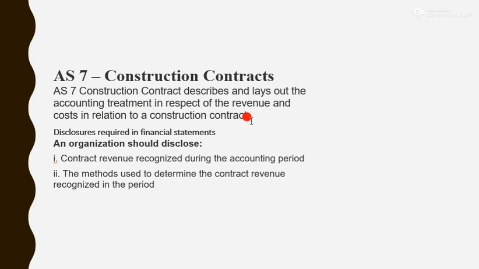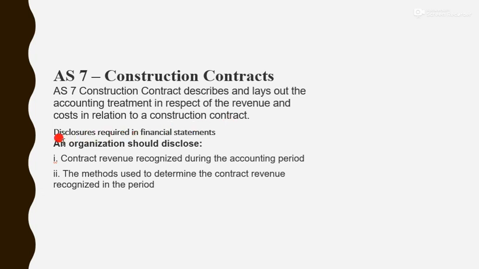See, it says whatever the cost has been incurred, for example, to construct a building, it has to be shown in the financial statement clearly. Or whatever the revenue has been earned, it means whatever the income has been gained by the contractor after construction of the building, after construction of the asset, it has to be shown.